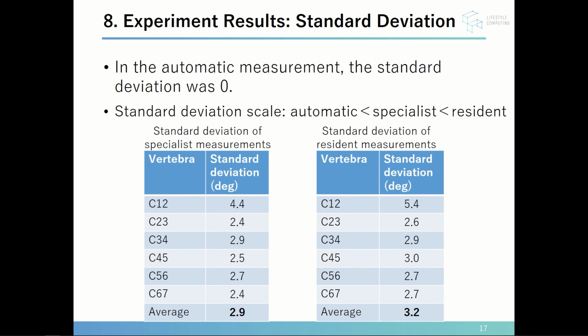We also calculated the standard deviation for each measurement by the specialist and the resident, with the results shown in this slide table. In the automatic measurement, the standard deviation was 0 because the same value was obtained even after 3 measurements.